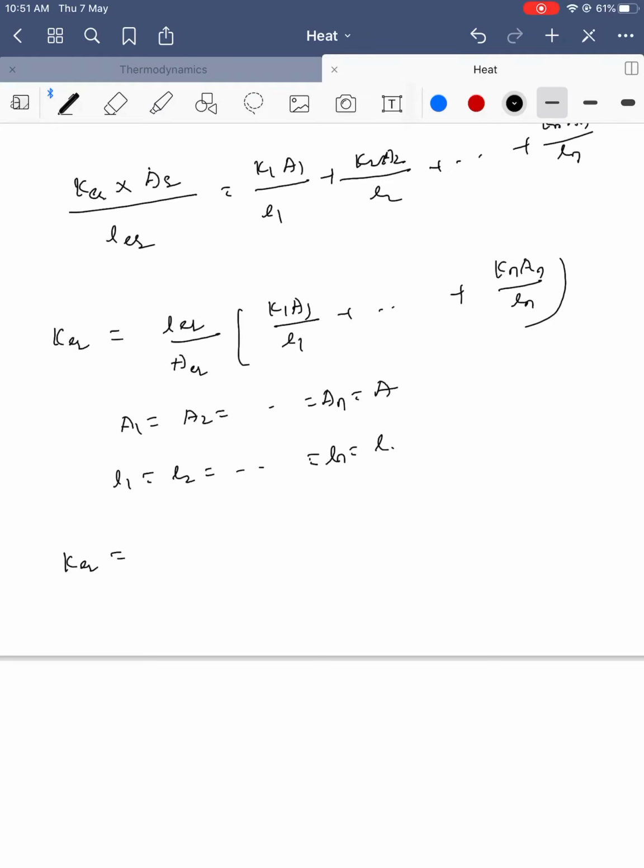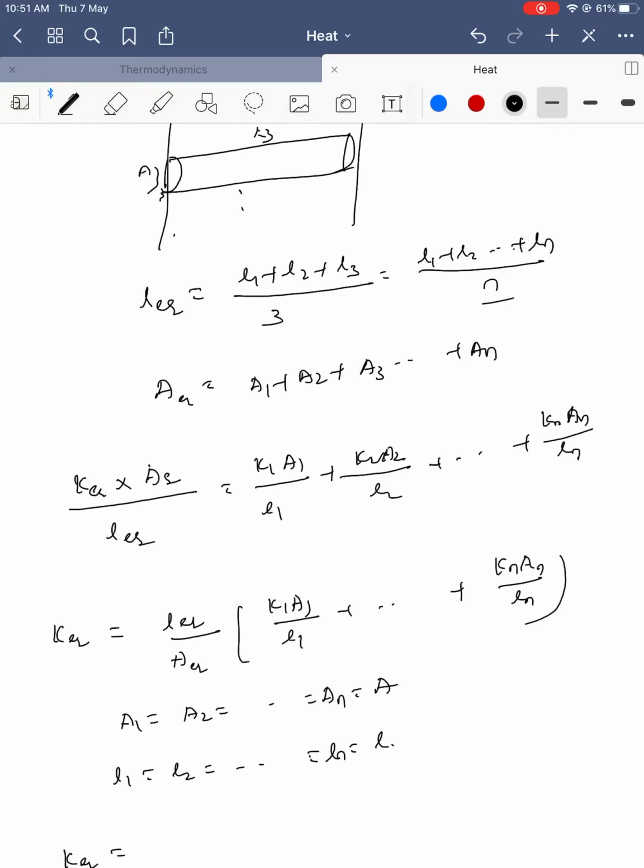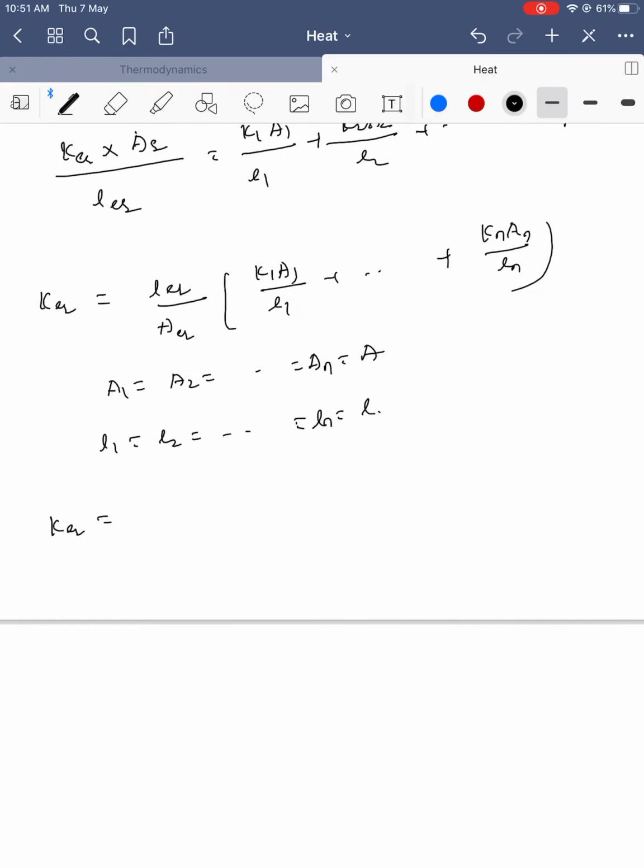L equivalent will be the sum of all lengths, so total length NL by N, N gets cancelled, L equivalent becomes L. A equivalent becomes the sum of all A1 plus A2 plus and so on, it becomes N into A.